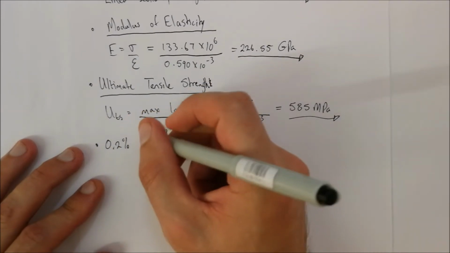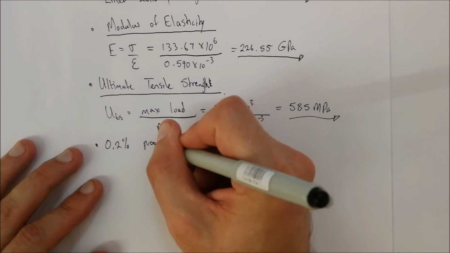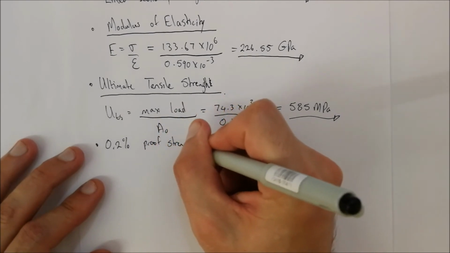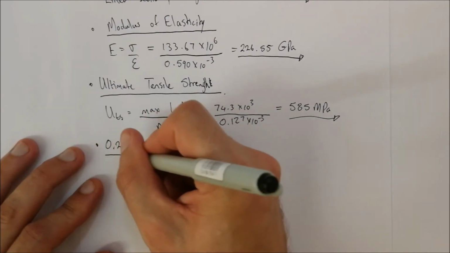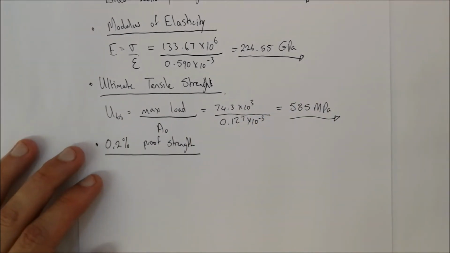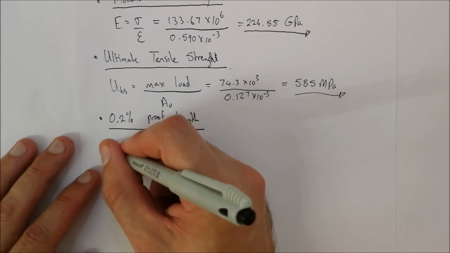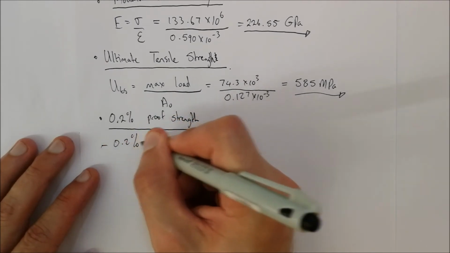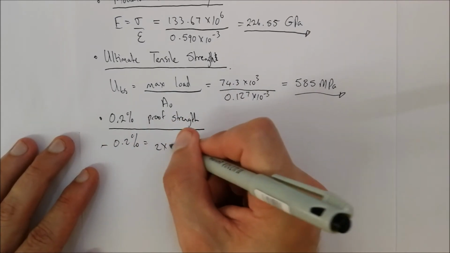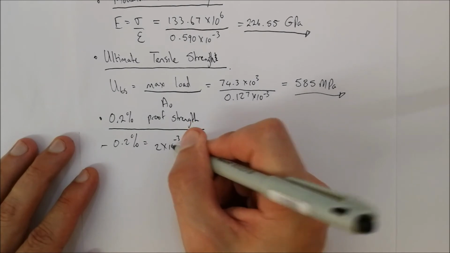Okay, the next thing we've got to do is, let's say you're told that you've got a 0.2% proof strength. Let's just do a quick calculation. 0.2% is equal to 2 times 10 to the minus 3.